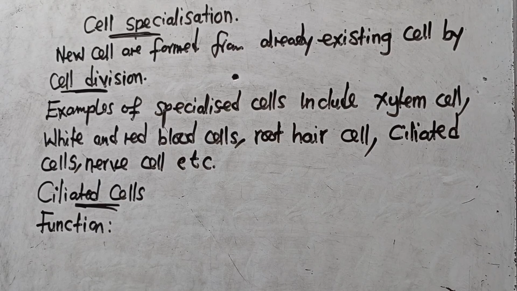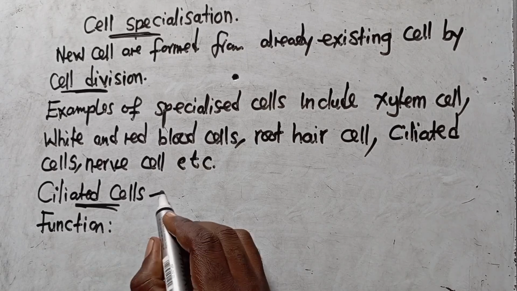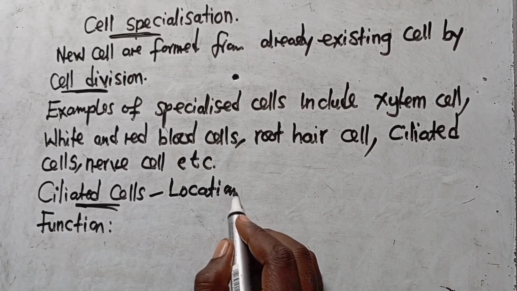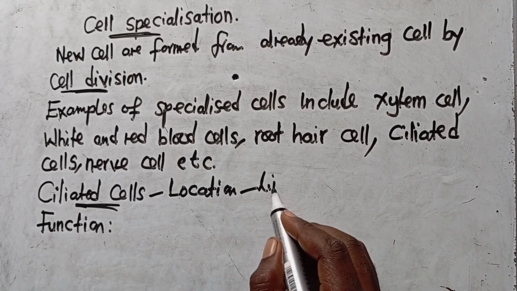You need to understand that these are cells we get to find in the inner lining of the respiratory tract and the oviducts. So where we get to find them, the location, is in the what?